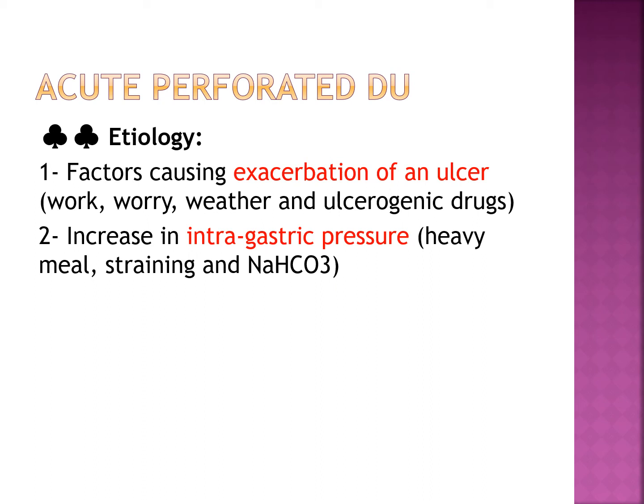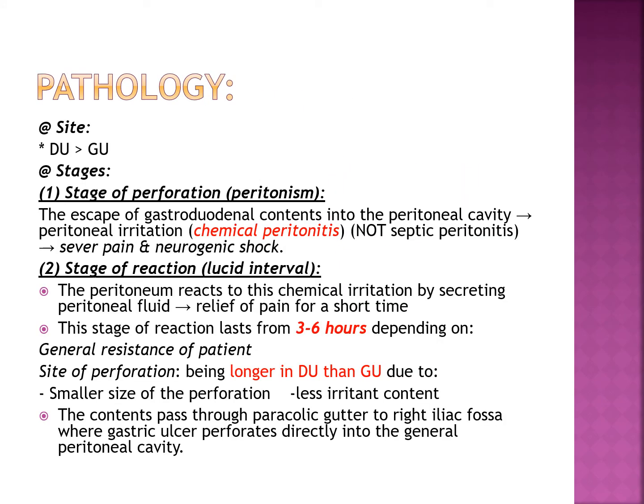And I usually like to memorize it as a medical student with too many worries who eats a heavy meal at Kentucky with a lot of spicy food, leading to perforation of a pre-existing peptic ulcer. Usually duodenal ulcer tends to perforate more than gastric ulcer. Why does this occur?